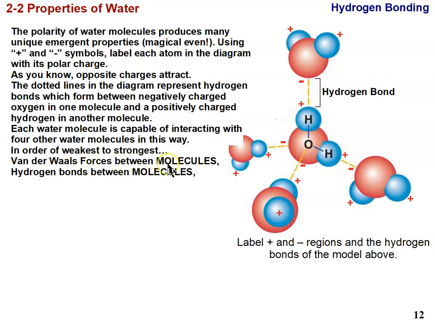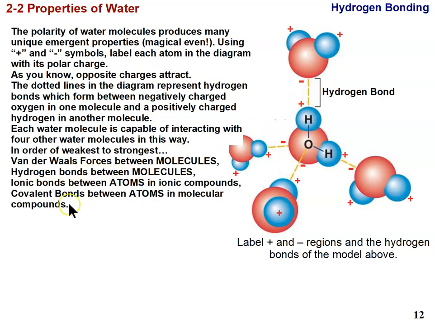So van der Waals are the weakest. Hydrogen bonds between molecules are a little bit stronger, but it's still between molecules, right? Ionic bonds are between atoms, forming compounds, right? And they're stronger than these weak attractions between molecules, van der Waals and hydrogen bonds. And then we have covalent bonds, which are the strongest of all. And again, that's between atoms.